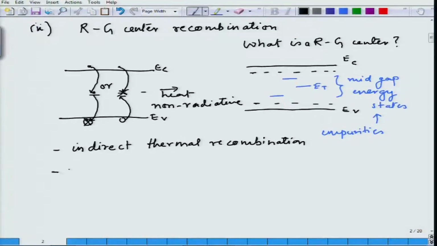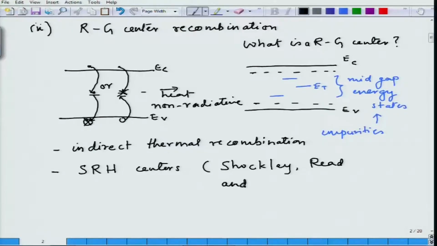It also has another name, it is often called SRH centers. RG centers are also called SRH centers. SRH stands for the names of the three scientists, Shockley, Read, and Hall, and they were the first ones to explain this mechanism of recombination.